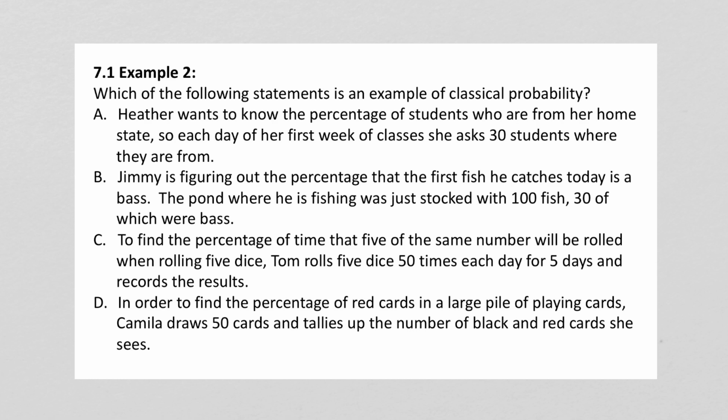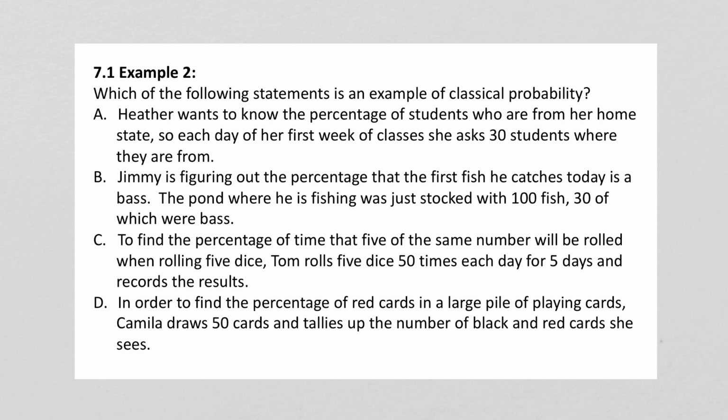And it is based on theory, so not based on an experiment or an observation, but based on theory. So let's look. A says, Heather wants to know the percentage of students who are from her home state.